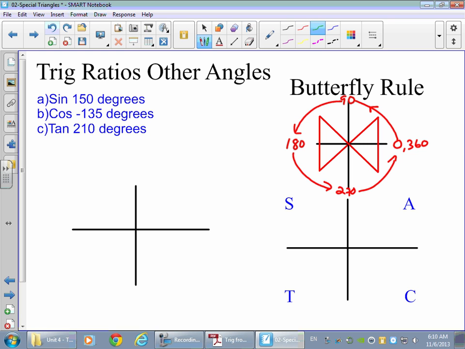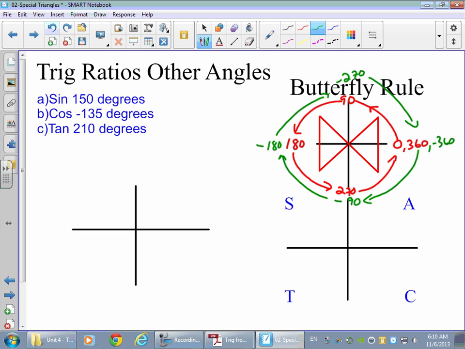Negative angles then would just go the opposite direction. There's my negative 90, my negative 180, negative 270, and again, back to the starting point, or in this case, negative 360.